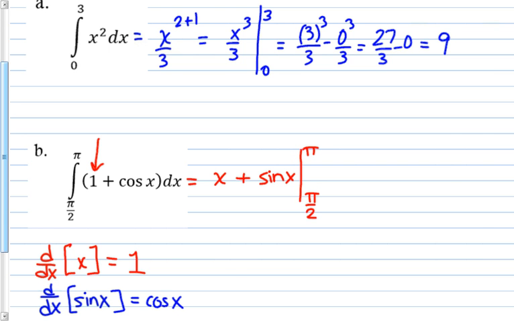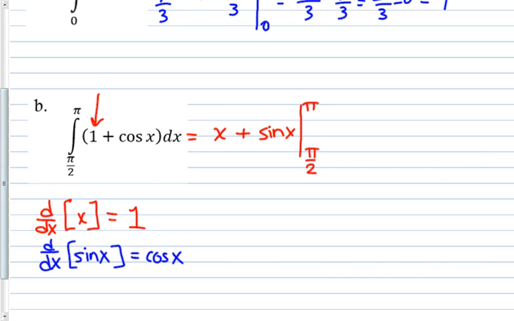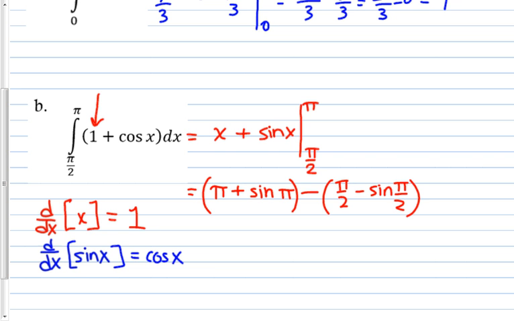So I'm going to go ahead and plug those in. So I get pi plus sine of pi minus pi over 2 minus sine pi over 2. And then I still have to give you that unit circle quiz.